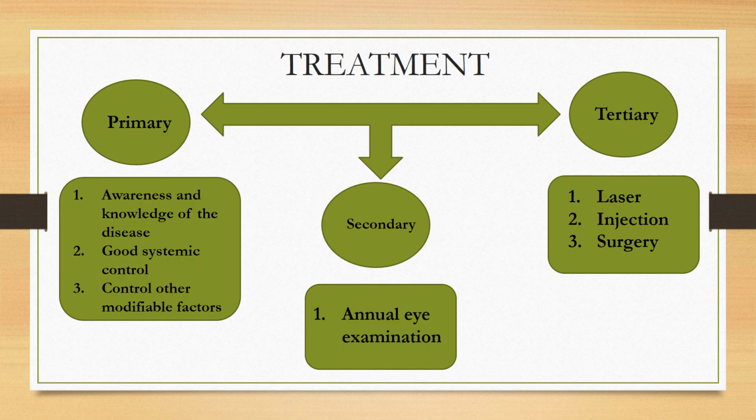These tertiary interventions include laser treatment, surgery and injection. The injection is anti-VEGF, laser is photocoagulation, and other surgeries include scleral buckling, etc. So these are the treatment modalities for diabetic retinopathy.